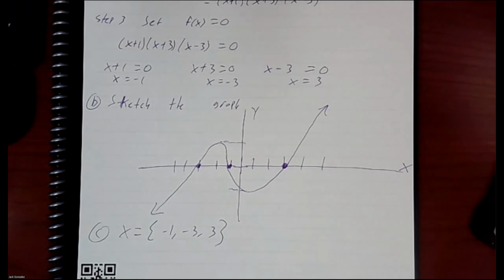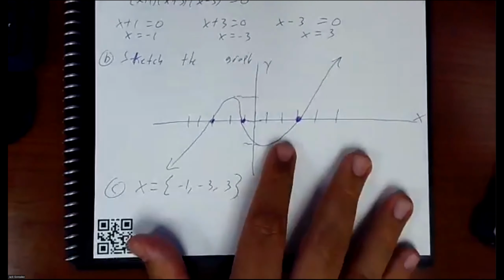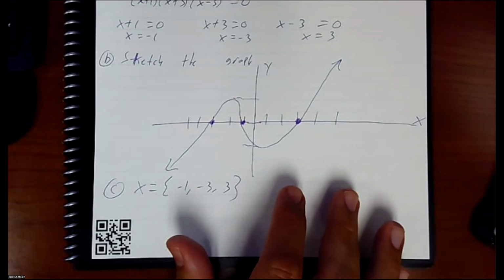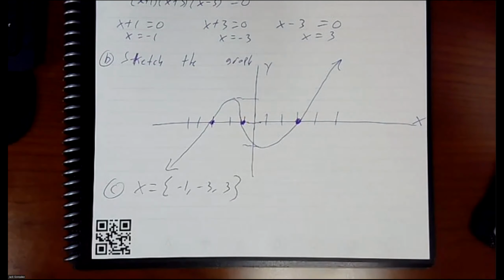Okay. So that's number 7. I forgot. 8. That was 8. Nine is similar. 10 is different. So let's move on to 10.